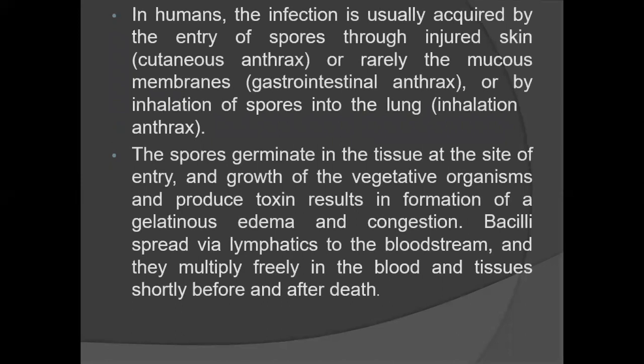Now, the pathogenesis of Bacillus anthracis in a human. The infection or anthrax in general is primarily a disease of herbivores such as goats, sheep, cattle, and horses, and other animals such as rats are relatively resistant to this infection. Humans become infected incidentally by contact with infected animals or their products.